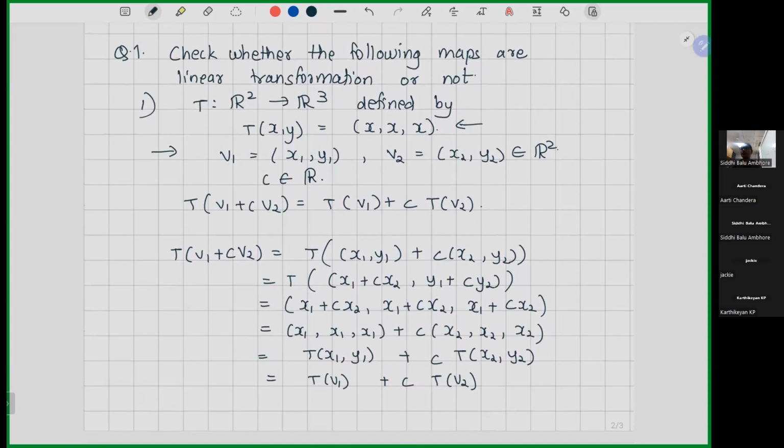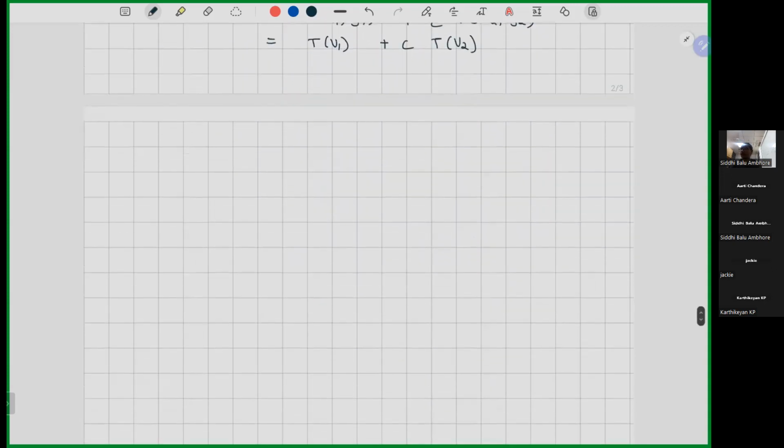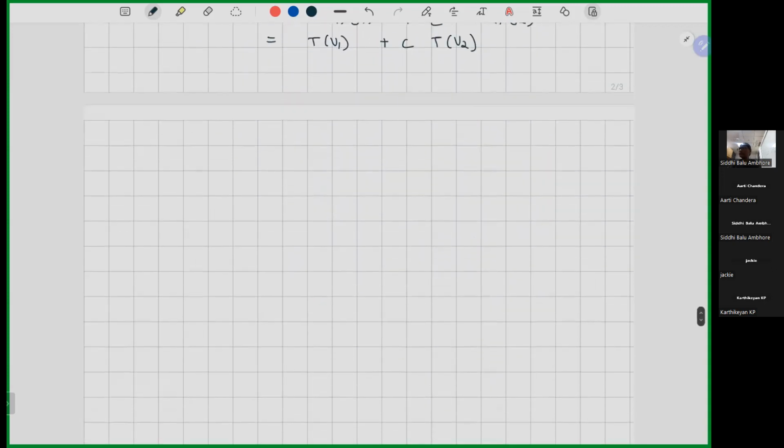Okay, so I assume there are no doubts. So we'll move to our second question. Again, here also we want to check whether the given map is a linear transformation or not. So we are in P3R.